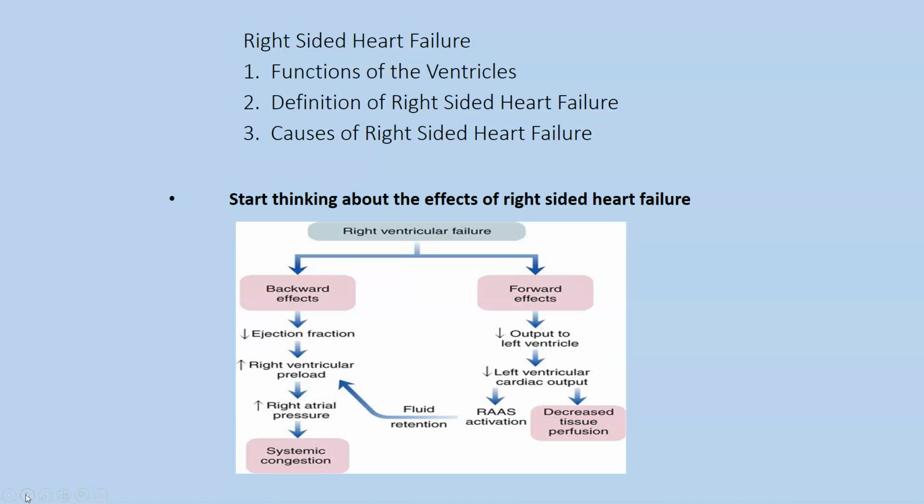Also, the decreased blood volume moving forward leads to decreased left ventricular blood volume. This decreases cardiac output and ultimately systemic tissue perfusion. These all translate into the signs and symptoms we will see in our patient assessment.